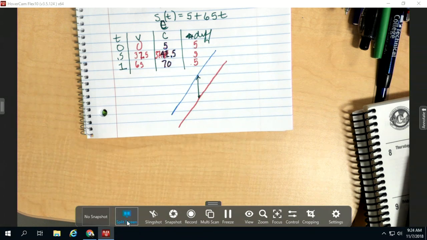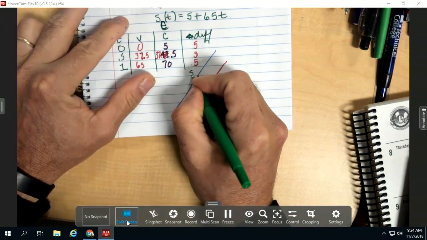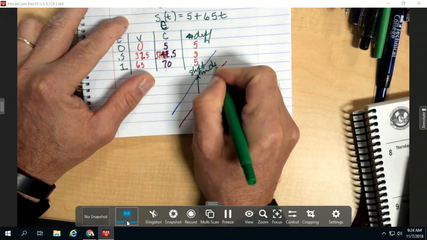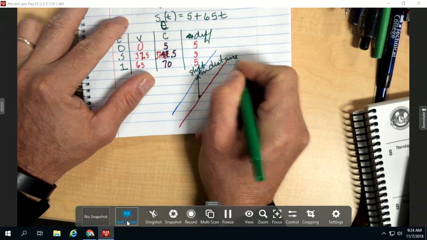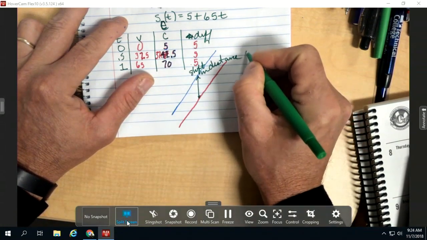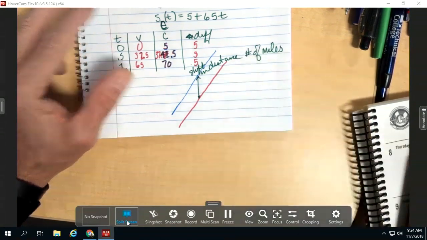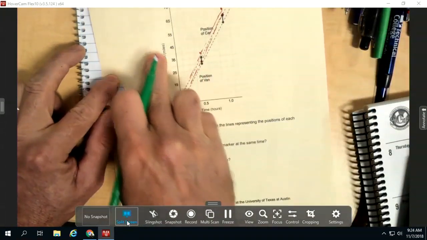In miles, right? Everybody agree this is the shift in distance or the number of miles. Now you could tell it was miles because, over here on the side, what does it say?